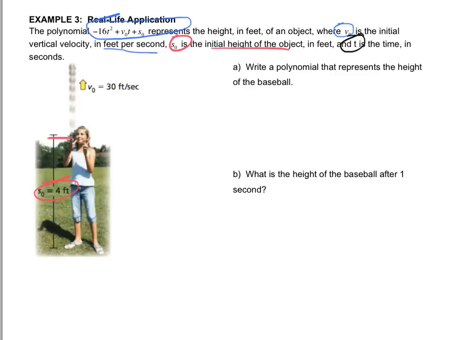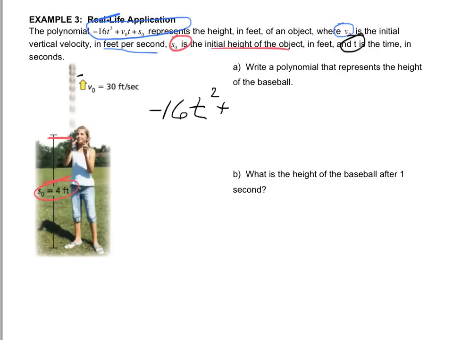So we are first asked to write the polynomial that represents the height of the baseball in this situation. Well, when I start to do that, I'm going to see that we just fill in what we have. Well, we don't know the time yet. What we are talking about is the v, which is our velocity.